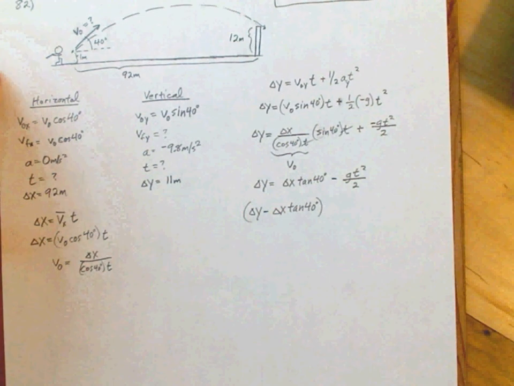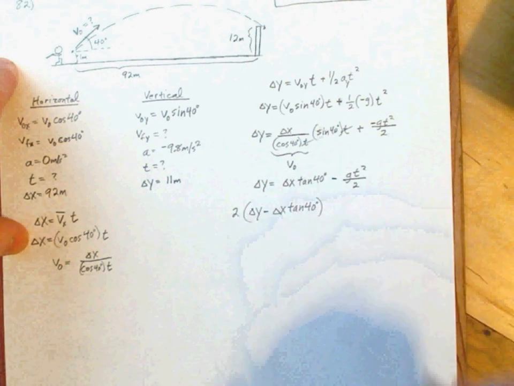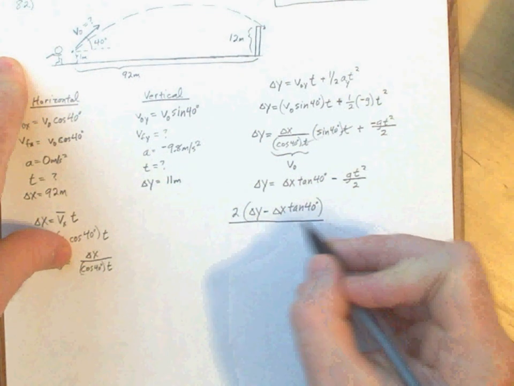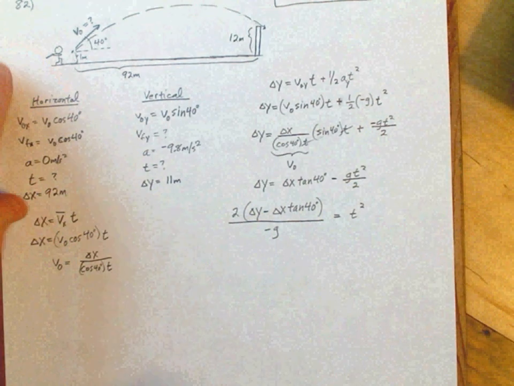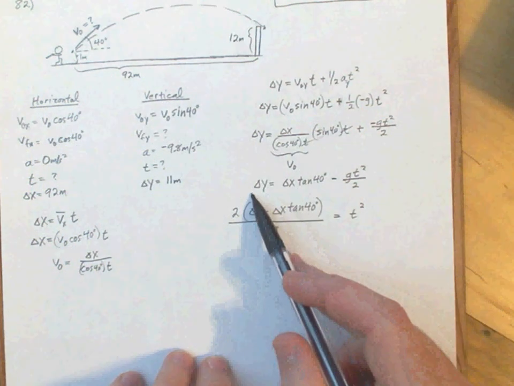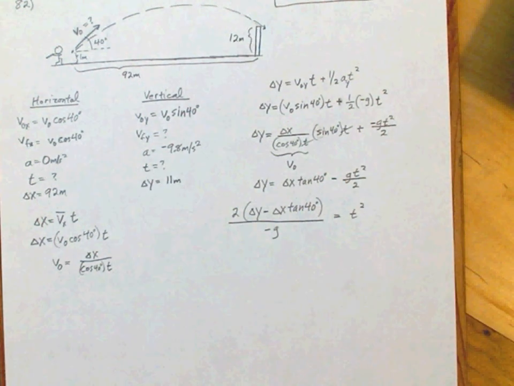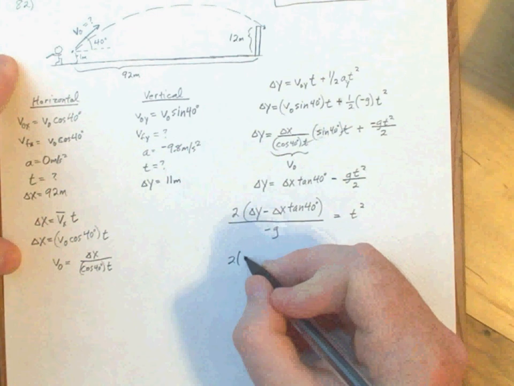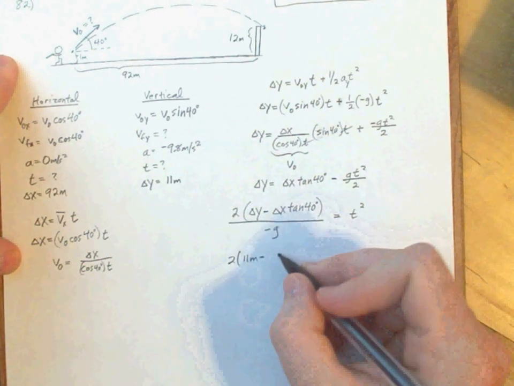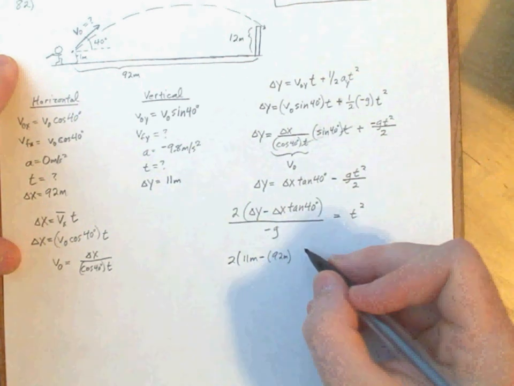Next logical step would be to multiply by 2, divide by negative g, and that's all going to give me t squared. So first I subtracted this over, then I multiplied both sides of the equation by 2, and I divided by negative g. Alright, I'm ready to plug in some numbers and take the square root. So I get 2 times delta y, which is positive 11 meters, minus delta x, which is 92 meters, times the tangent of 40 degrees.